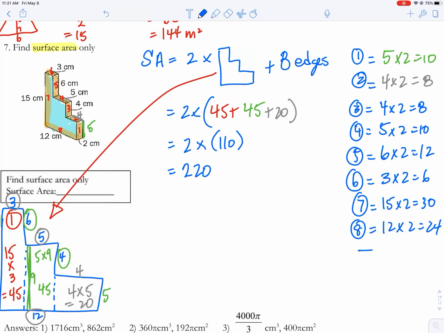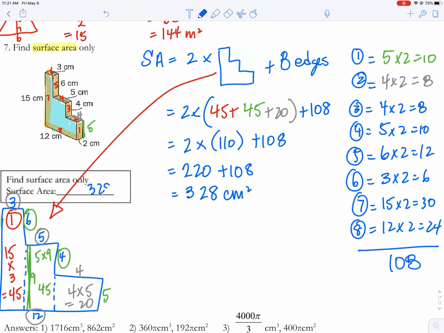And when I added all of those up, I got 108. So for the surface area, we're going to have to add that 108, and I get 328 units or centimeters squared.